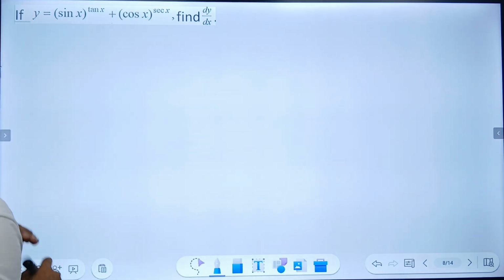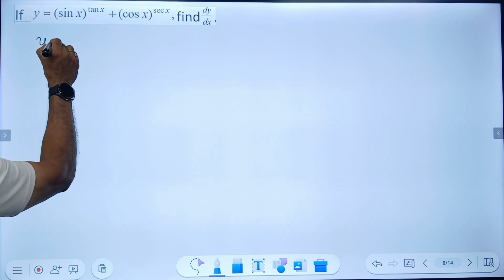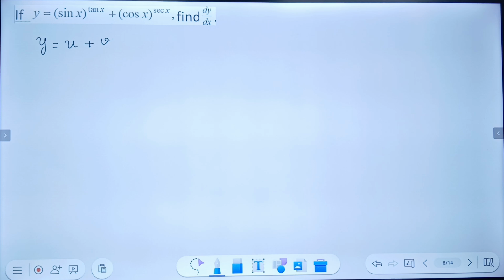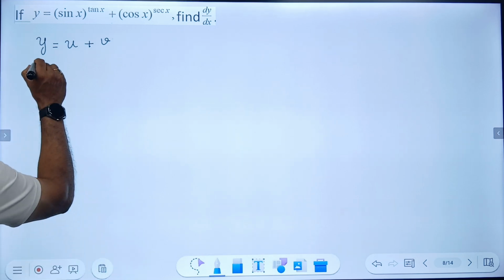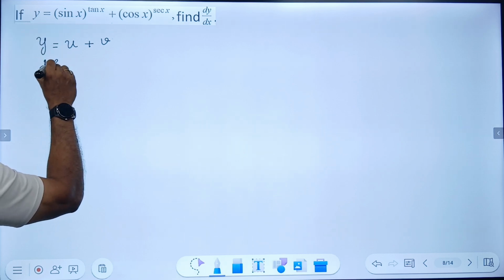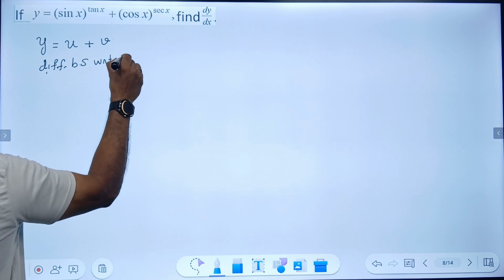How do I do it? In such a situation, all that you need to do is call the first term as u and the second term as v. Both are variables. Then I differentiate both sides with respect to x.